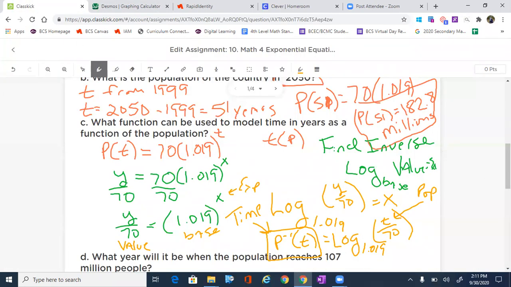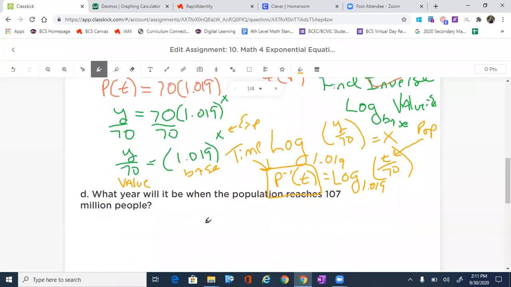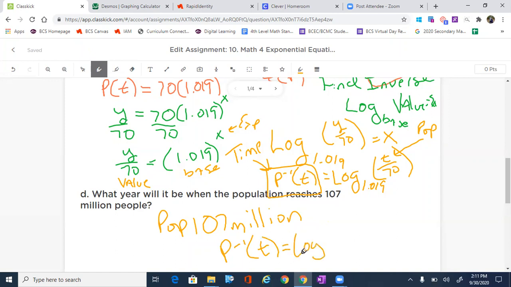The next question says, what year will it be when the population reaches 107 million? So the population is 107 million. Well, if I use the inverse equation, t over 70, this is the population.